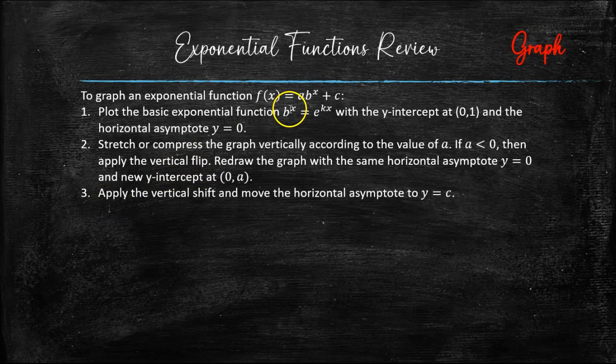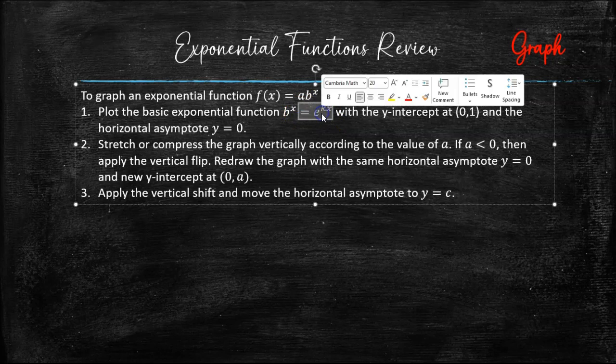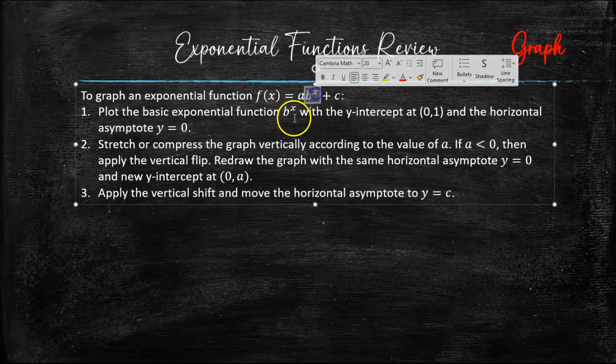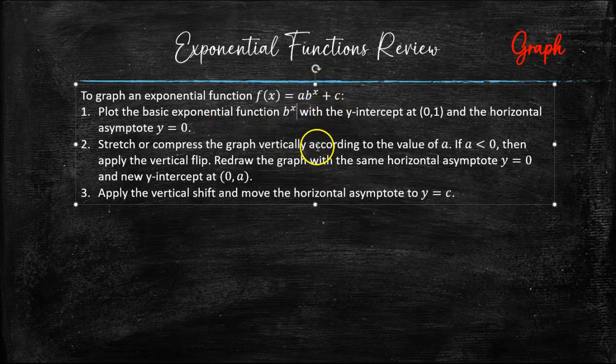Now, graphing other functions, I guess here we're not talking about the natural exponential function. Graphing any other function of this form, we do utilize linear transformations, right? So we start with the parent function, then we stretch it, and then we move it.